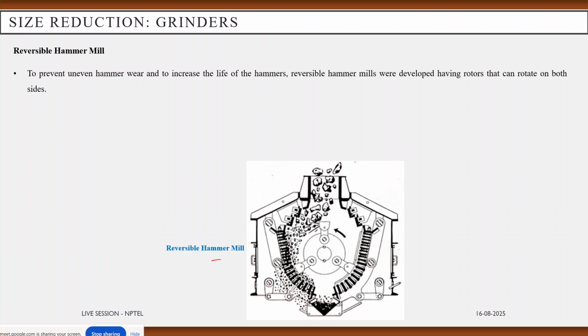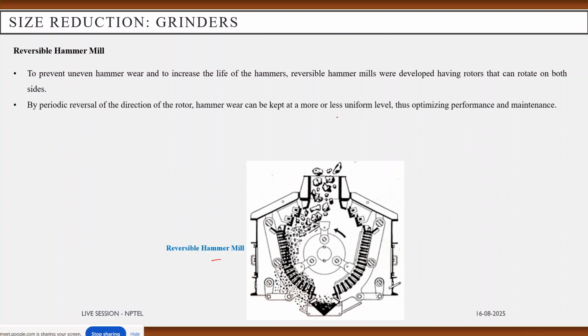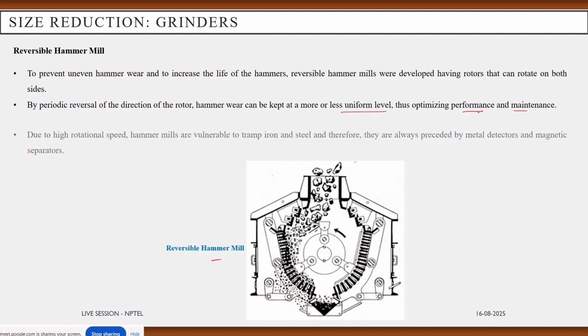So here the rotor can rotate in both directions to prevent uneven hammer wear. By periodic reversal of the direction of the rotor movement, hammer wear can be kept at a more or less uniform level. Thus, it can optimize the performance and maintenance also and increase the lifetime.